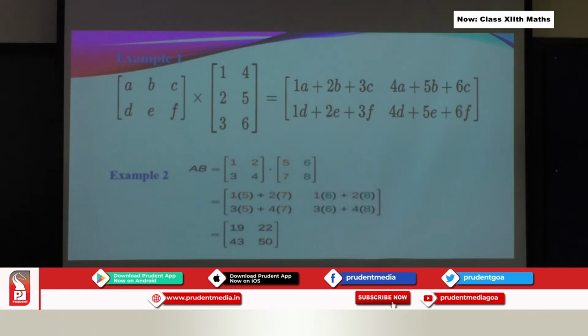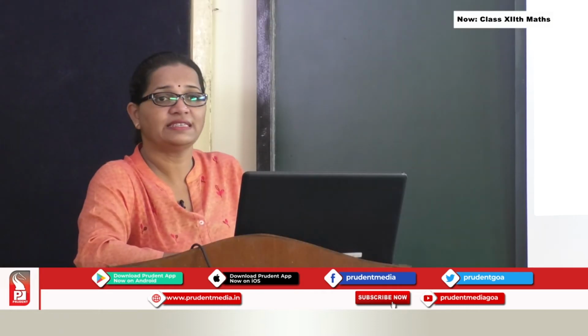Okay, so look at this now. To get my first entry A11, what did I do? Here, the first row, first column, I need to multiply and add. A1 plus B2 plus C3. Okay, I got the first entry. I am going to the first row, second entry.